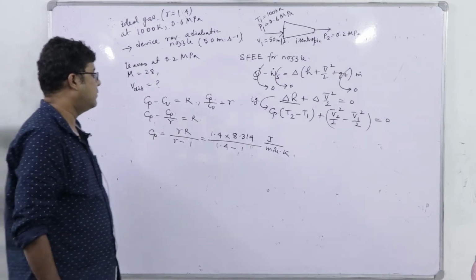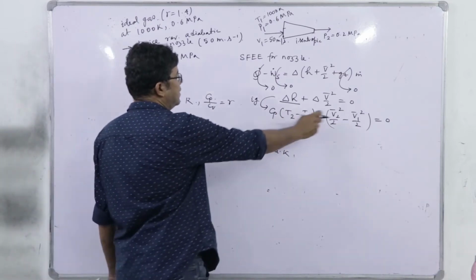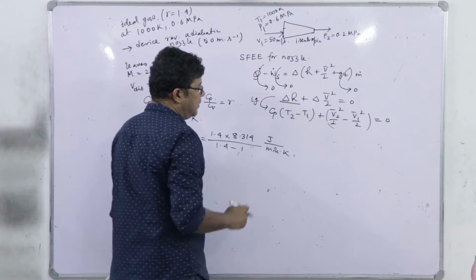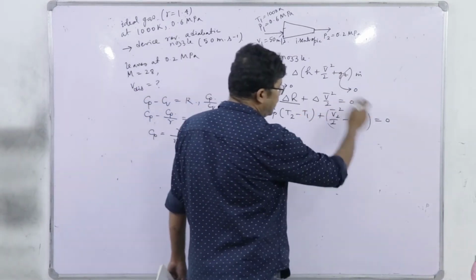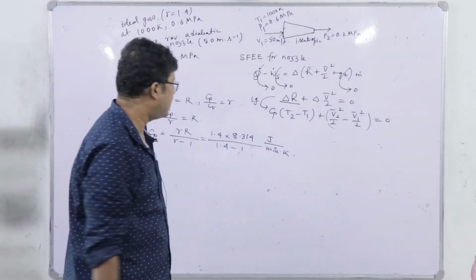So, this is to be converted to the mass basis, because here it is per unit mass, because we have this V square by 2 as the kinetic energy per unit mass.